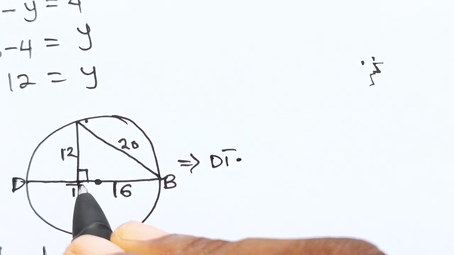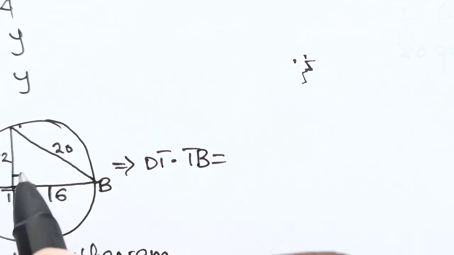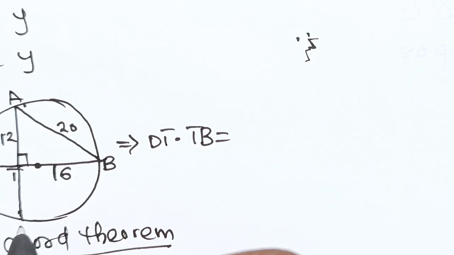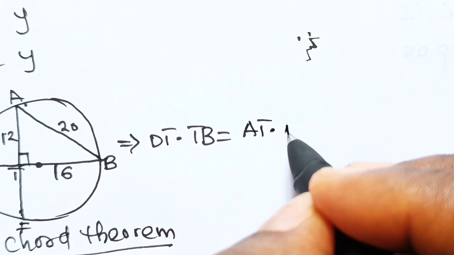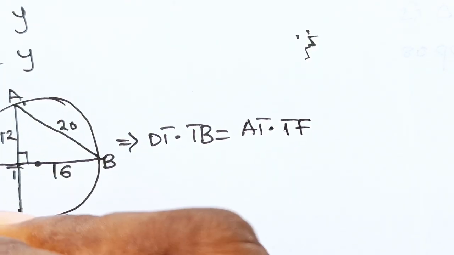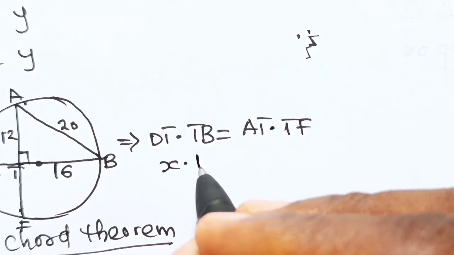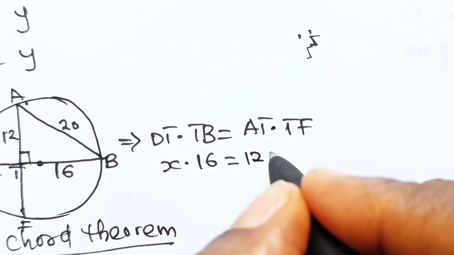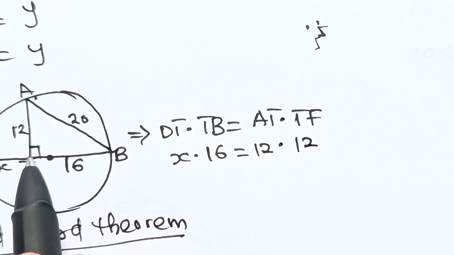multiplied by TB is equal to, this is A, right? This is T, and let's call this F. So it's same thing as AT multiplied by TF. So let's call DT x. So x multiplied by TB 16 is equal to AT is 12 multiplied by TF should be 12 as well, because this is the center of the circle.